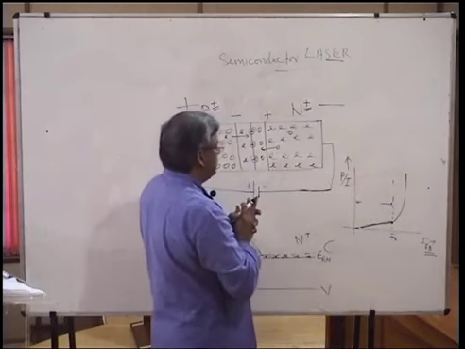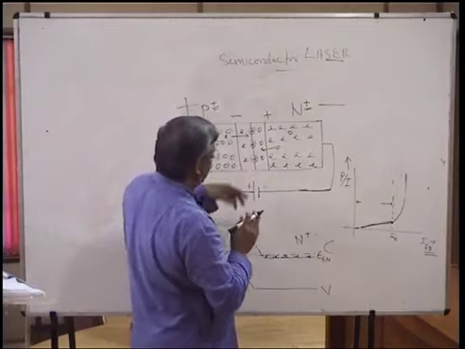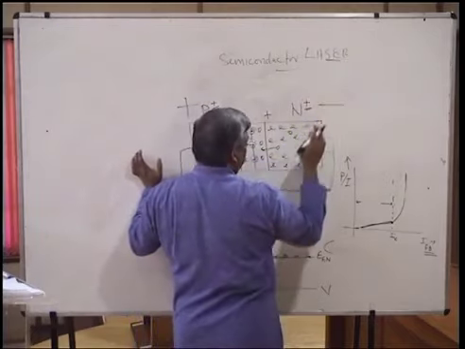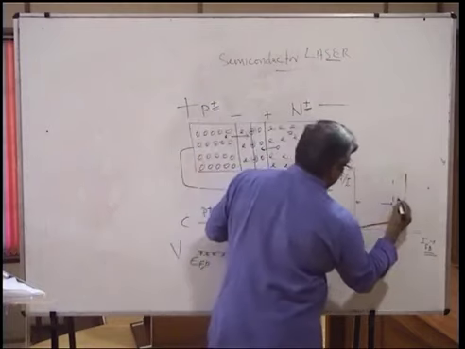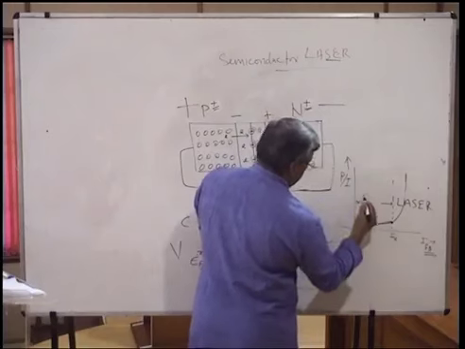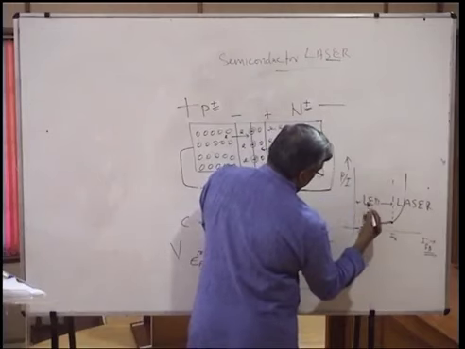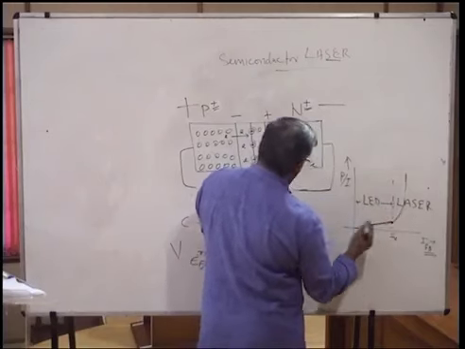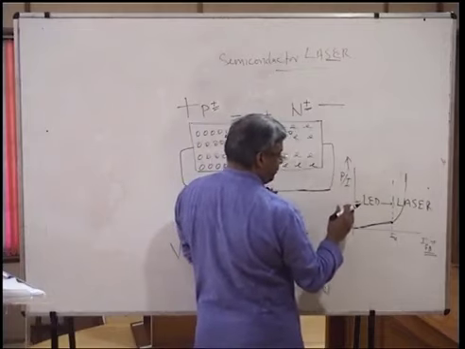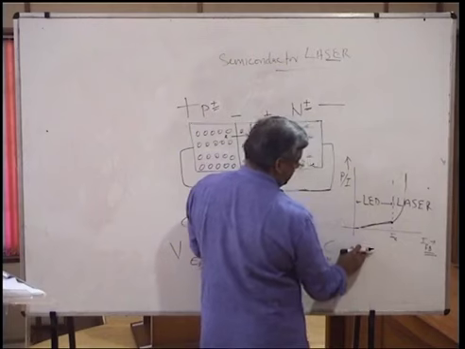That is when we say this light is not due to spontaneous emission as in an LED, rather it is laser. So you can have two regimes for this particular PN junction, even when it is a P plus N plus junction, depending on forward biasing.